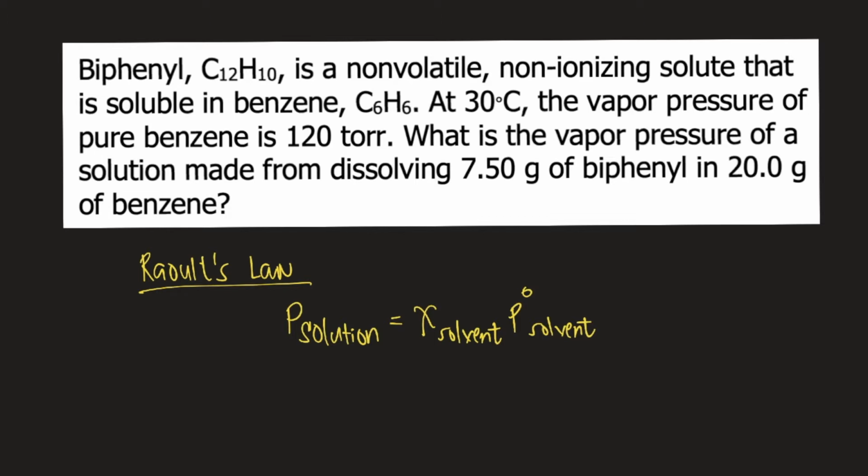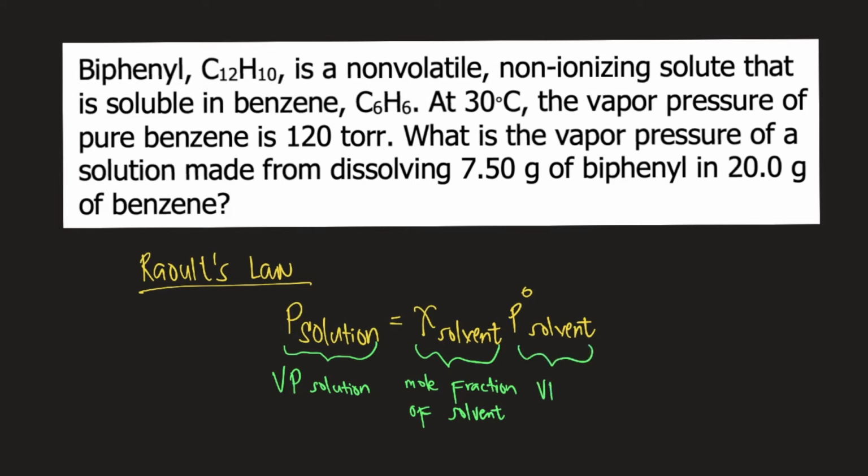So let's define each term. P solution is the vapor pressure of the solution. Chi of solvent is the mole fraction of the solvent. And P naught solvent is the vapor pressure of pure solvent.